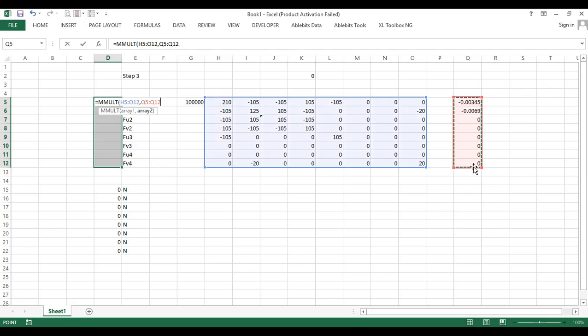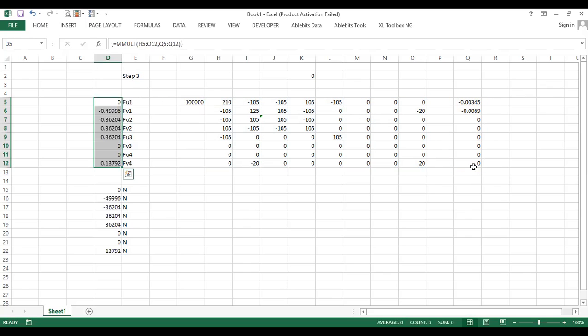You remember to press Control and Shift and Enter together, right? And you will obtain, it is almost, so you have to multiply everything by 10 to the power 5, so you will get almost 50,000. So the force at node 2 is, right, minus 36, right?